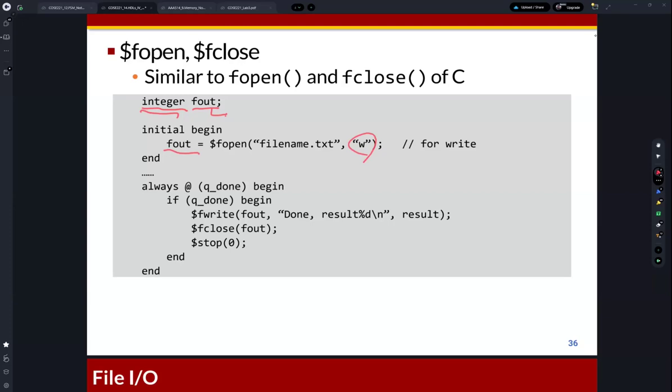Then we use $fwrite instead of write, and like C, the file pointer follows fwrite. That's the same.